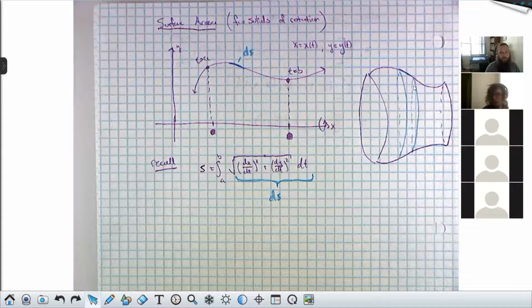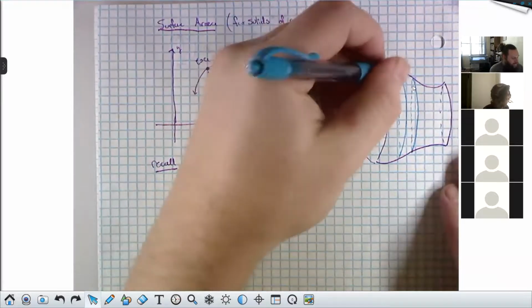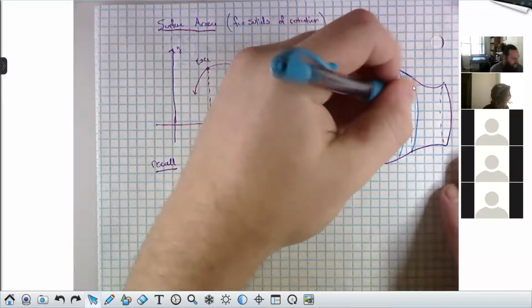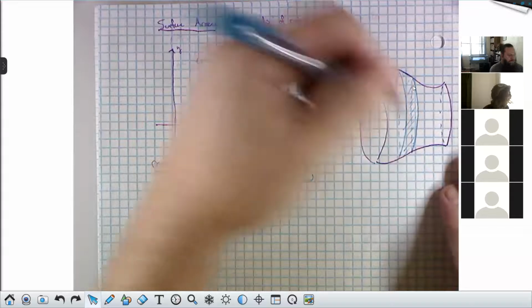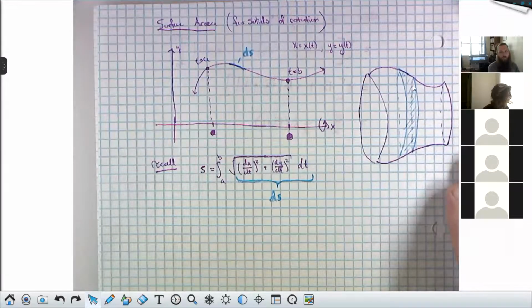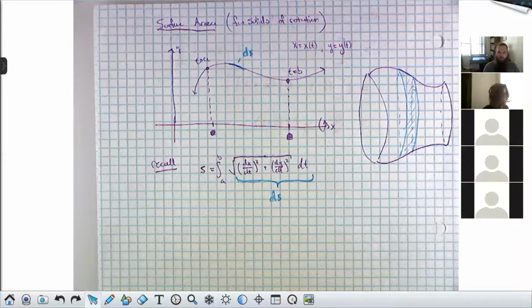So if I want to find the area of this little narrow band here, I treat it the same way we did back in the cylindrical shells method.